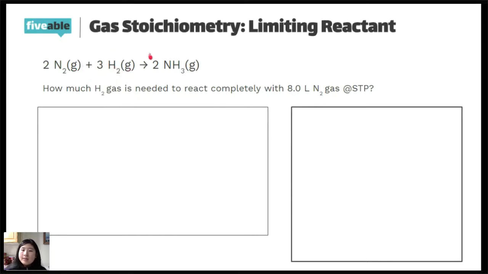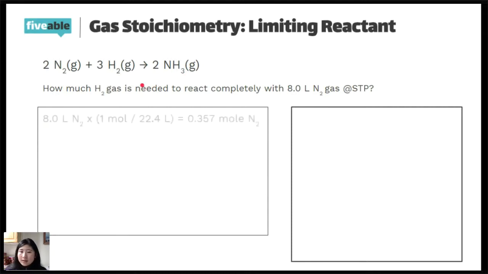They haven't told us how much hydrogen we have, so we're going to assume that we have an unlimited amount of hydrogen. However, we have a limited amount of nitrogen gas. So in this case, because we have a limited amount of nitrogen gas, we are not going to have an infinite amount of products being made.